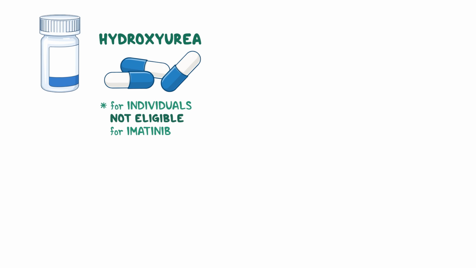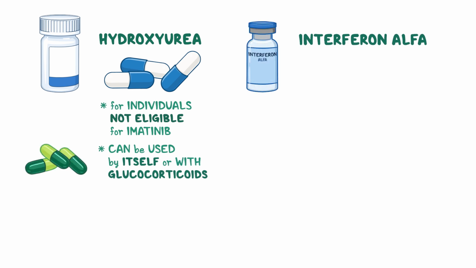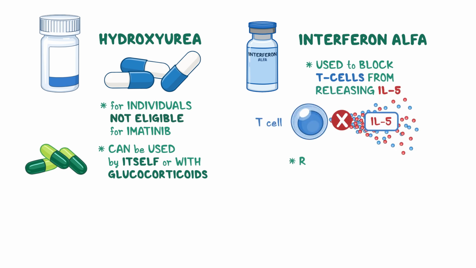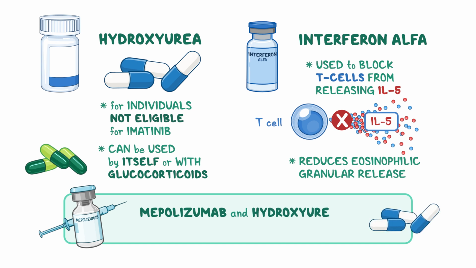Like imatinib, hydroxyurea can be used by itself or with glucocorticoids. Interferon alpha may be used to block T cells from releasing interleukin-5, reducing eosinophilic granular release and symptoms in those with T cell anomalies. While many patients are responsive to glucocorticoids, mepolizumab and hydroxyurea can be used as steroid-sparing agents.